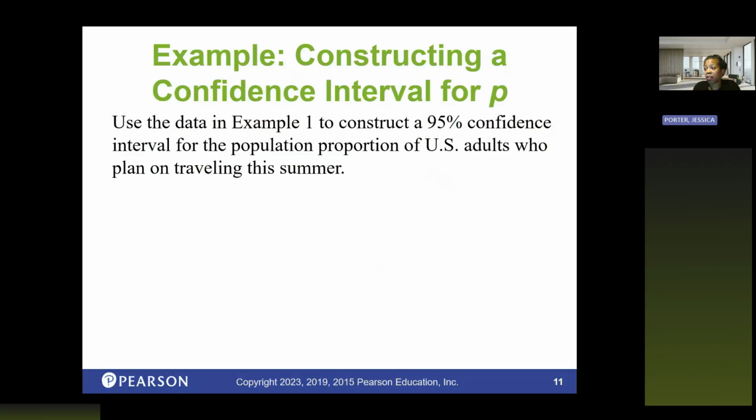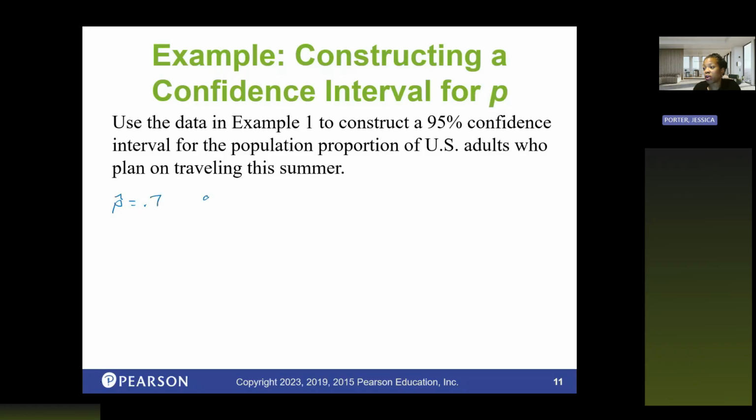Use the data in example 1 to construct a 95% confidence interval for the population proportion of US adults who plan on traveling this summer. We calculated the population proportion to be 0.7. So p hat was equal to 0.7.